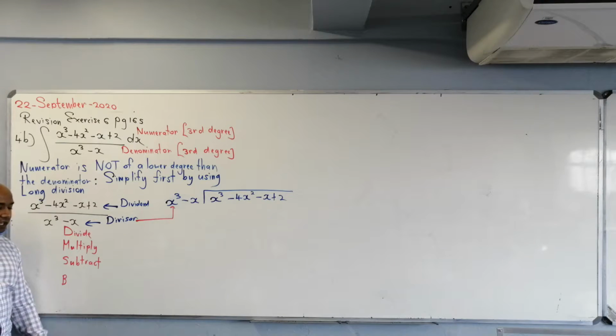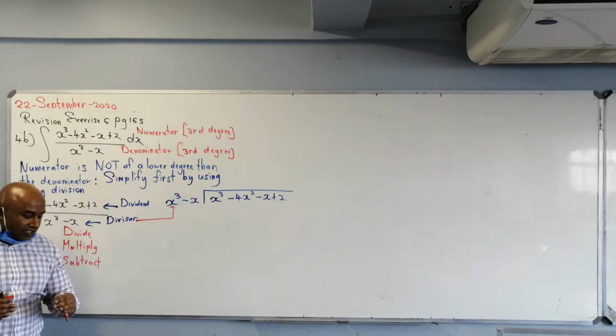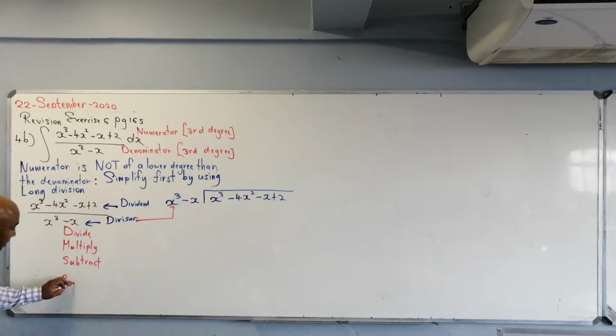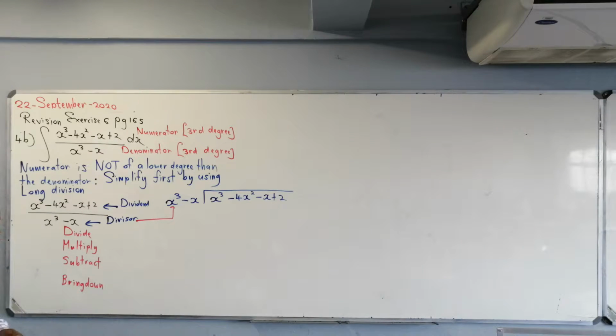And then the common mistake is for B. What does B stand for? What it does not stand for is brackets. B does not stand for bracket. Okay. B stands for bring down the next term in line with your calculation, in line with what you just subtracted. So B will stand for bring down. I'm just writing down the first word. Bring down the next term. That's what it means. Okay.